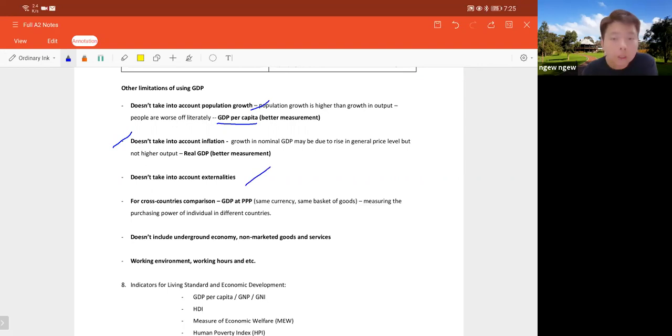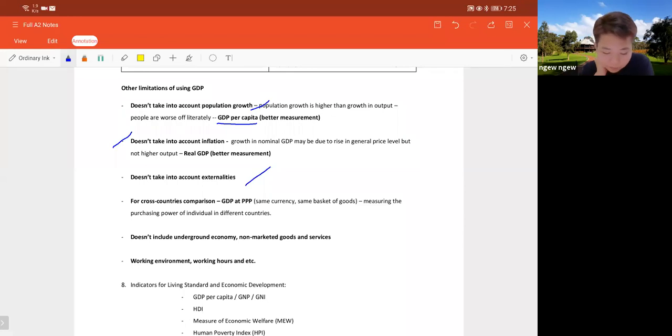And also, GDP doesn't reflect externalities. So maybe the GDP or the GDP per capita in the country is high, but people are suffering from severe pollution and environmental degradation, affecting the citizens' standard of living.